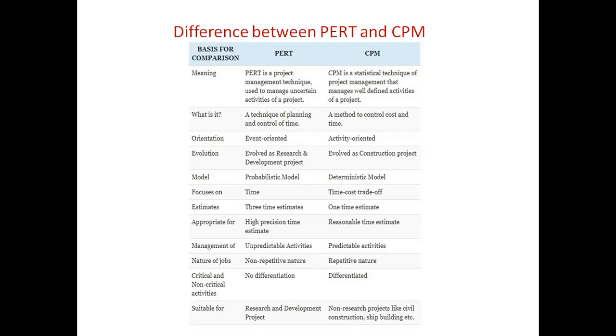It is the time based on the average, almost the average time element, which considers both optimistic as well as pessimistic. Whereas in the case of CPM, as we know, one time estimate is used, which is called the expected time. This expected time, or the one time estimate considered in CPM, is based on the well-defined execution.